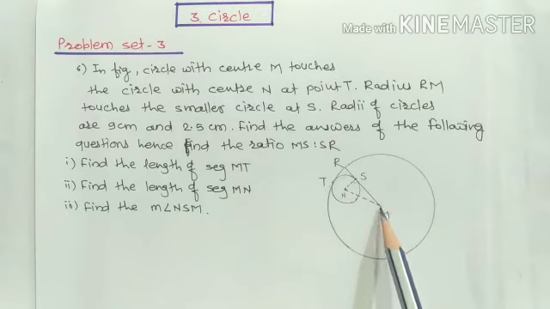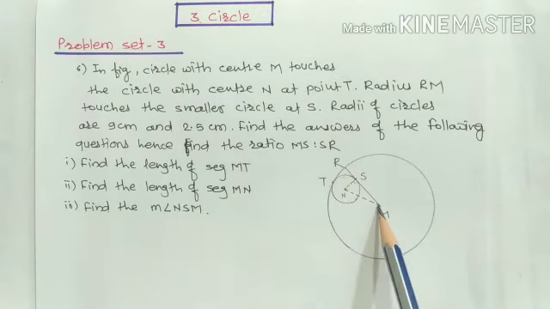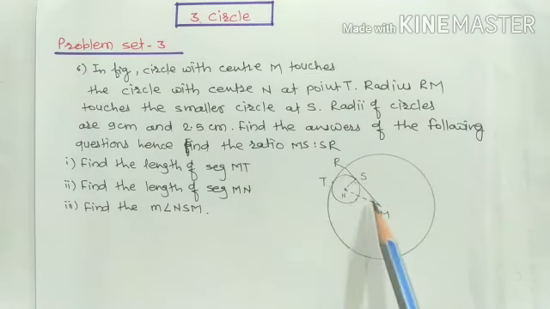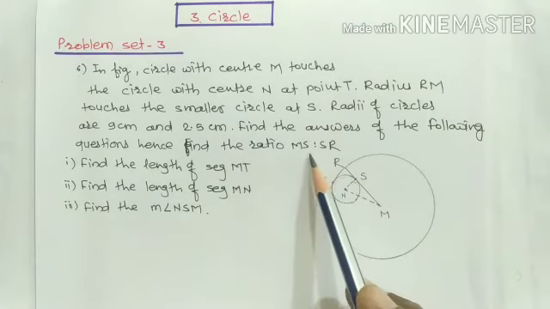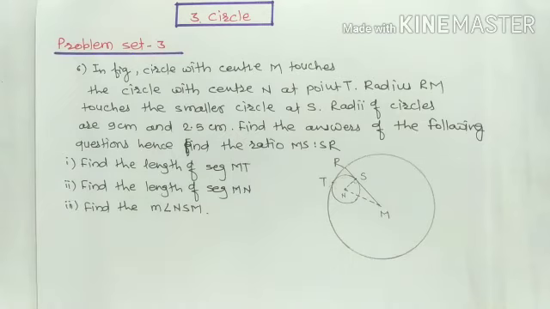Then here the length of MR is known because MR is the radius of the larger circle. Then by using the lengths of MR and MS we find the length of RS, and then by using the lengths of MS and SR we find the ratio between these two, that is MS is to SR. See, it is an easy example, just a little lengthy.